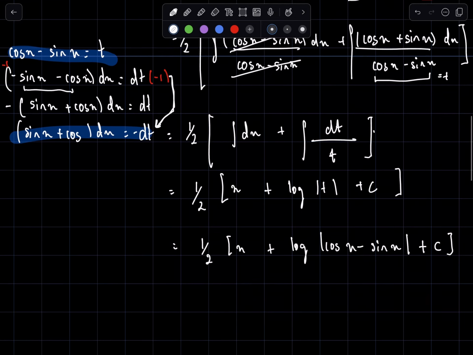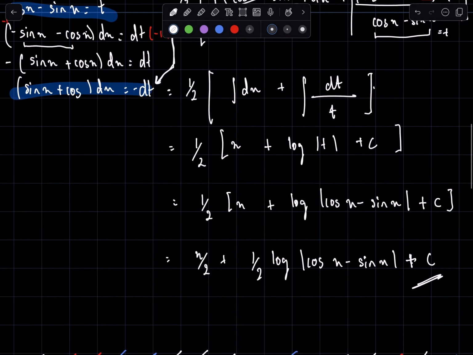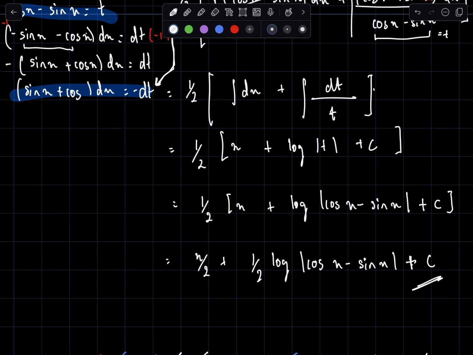Now multiply by half with each of the values, which is x over 2 plus half of log cos x minus sin x. Now c by 2 is the same as c, okay, because they are constants. Constant multiplied by constant is a constant. Okay, got it. So this should be the right answer.